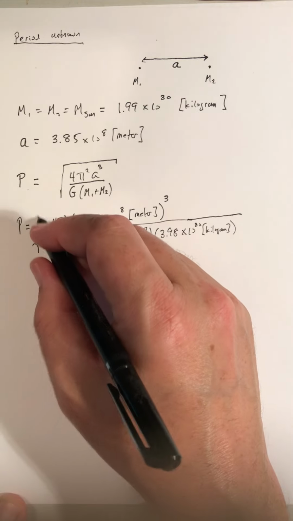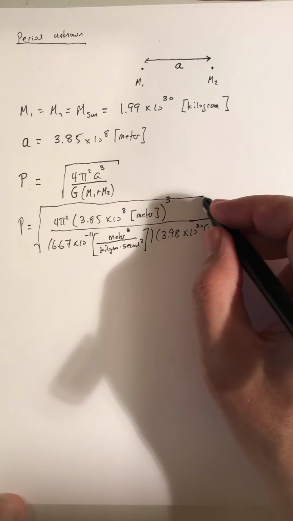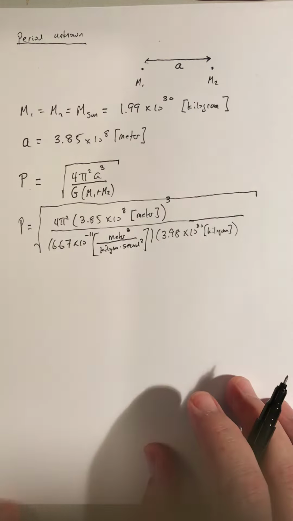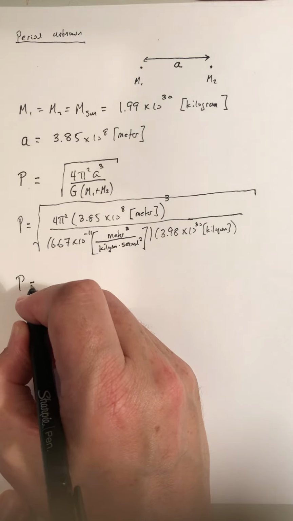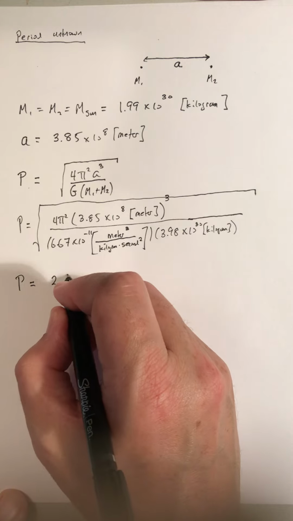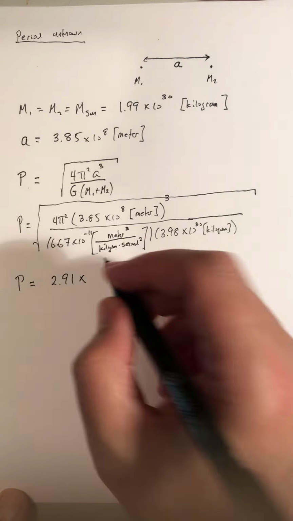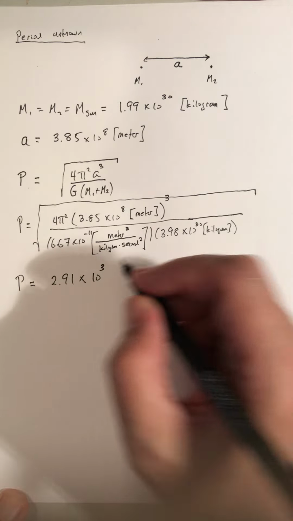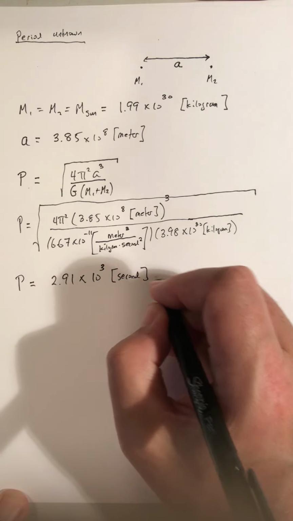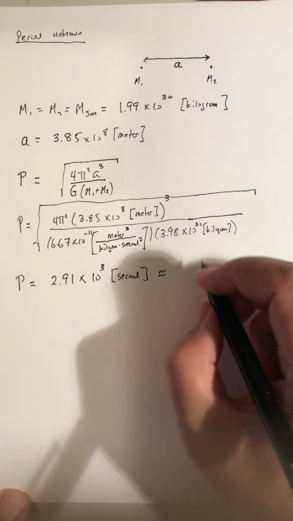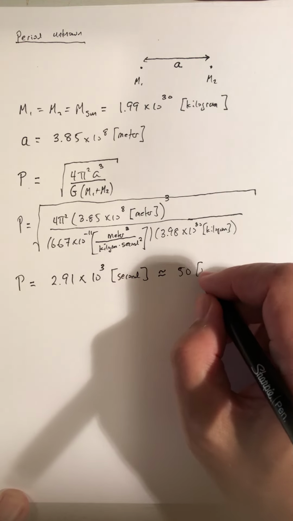And that's all under a radical for the square root. And that gives me 2.91 times 10 to the 3rd seconds, which is about 50 minutes.